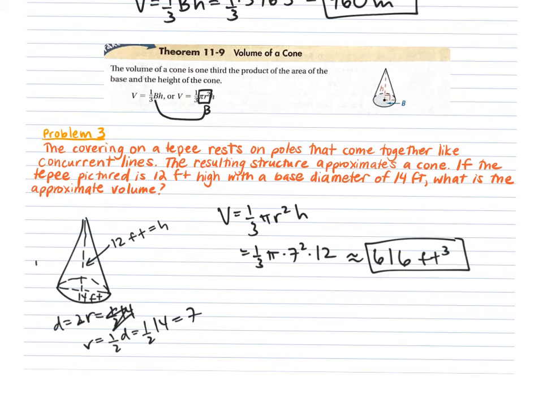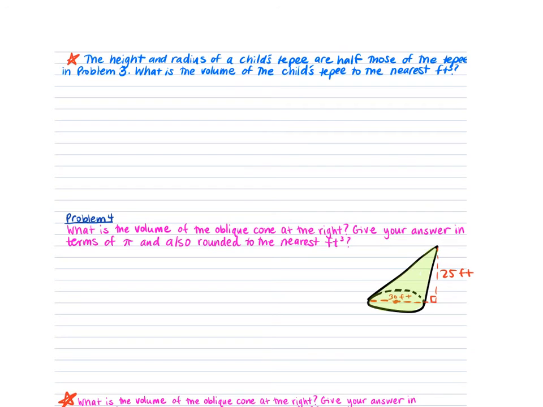Okay, so here's an example for you to try on your own. They give you the height and the radius of the child's tepee, or half those in the tepee in problem 3. Oh, I guess we need to remember what those were. So the diameter was 14, which means the radius was 7 and the height was 12. So now our height is going to be 6 and our radius is going to be 3.5.